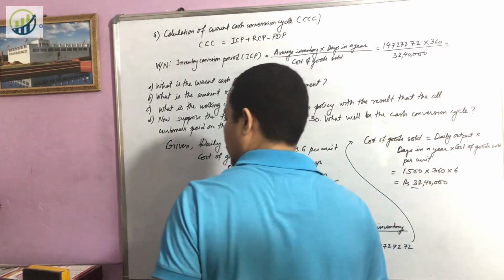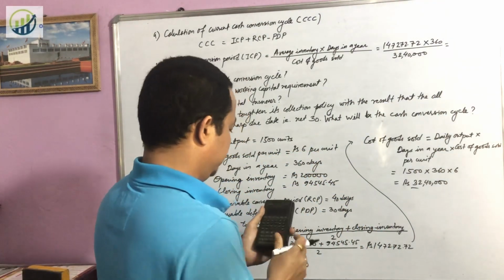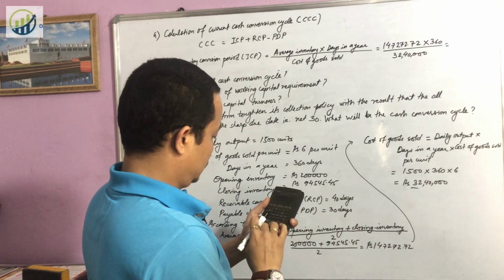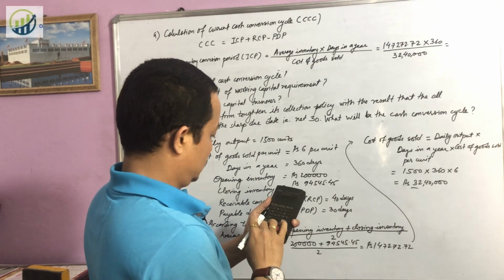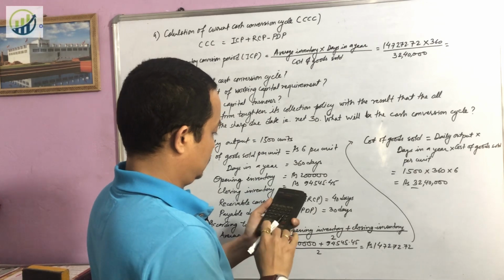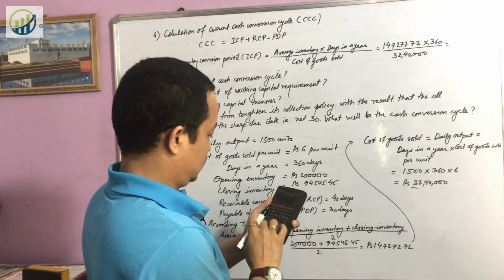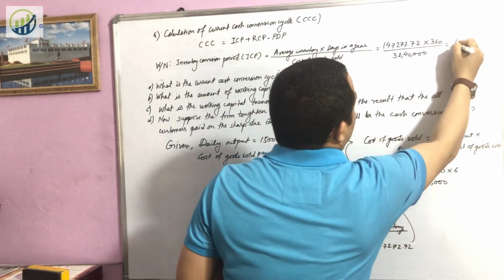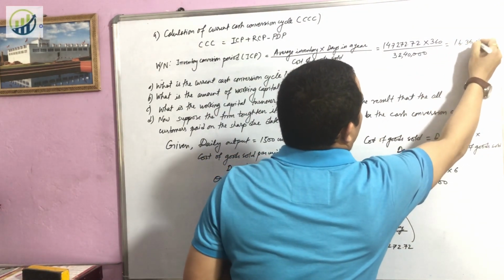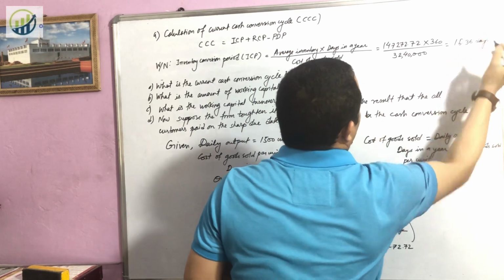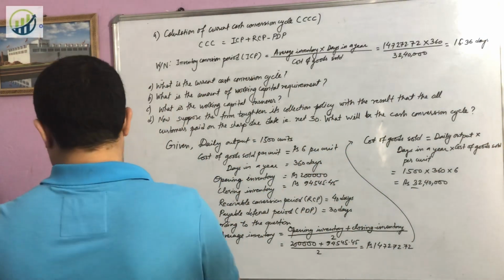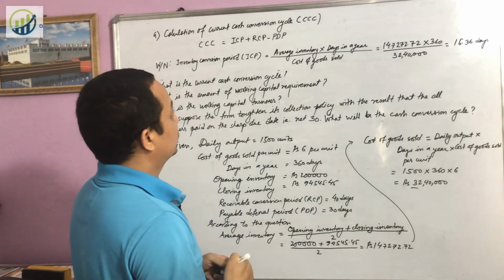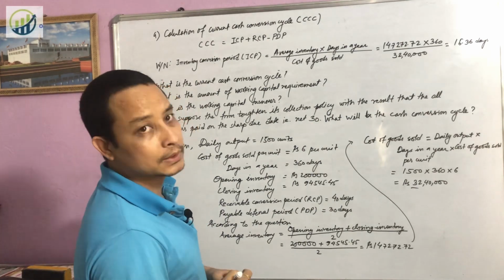So that will be 16.36 days. So inventory conversion period for KPP corporation is 16.36 days.